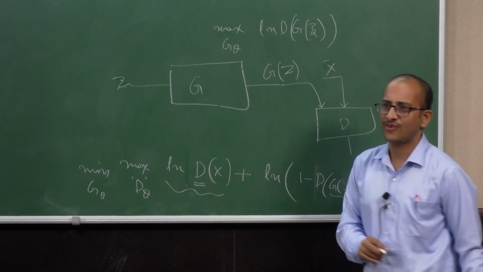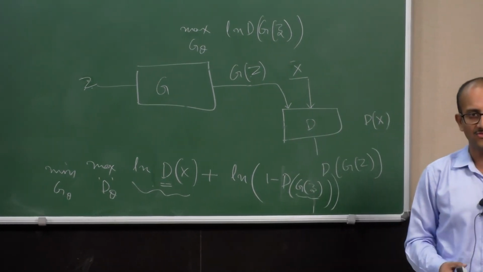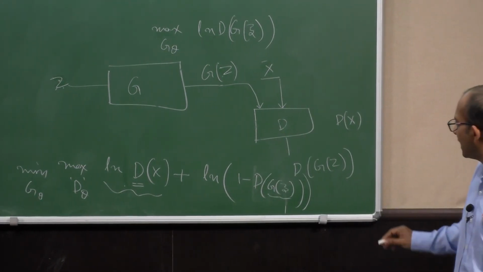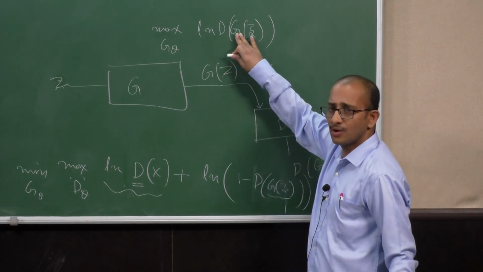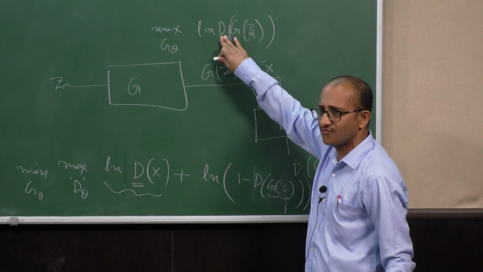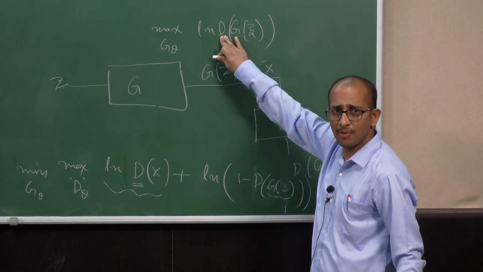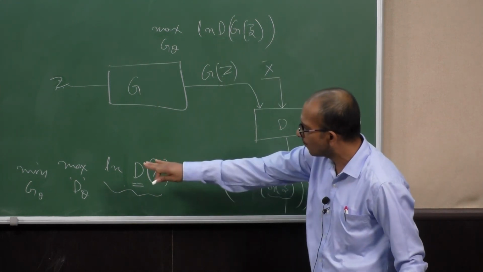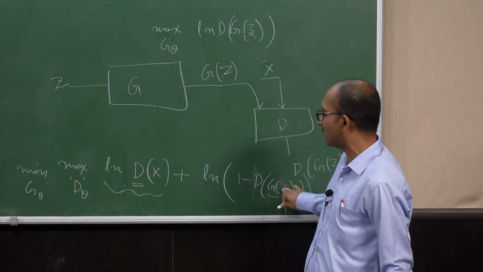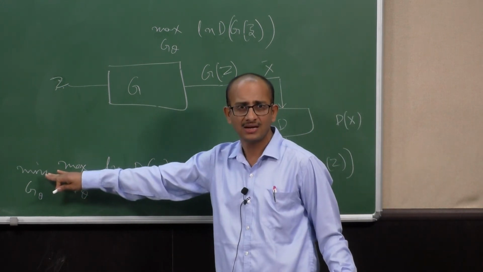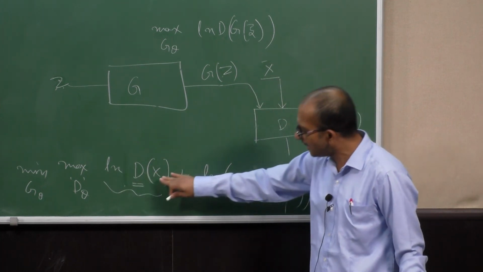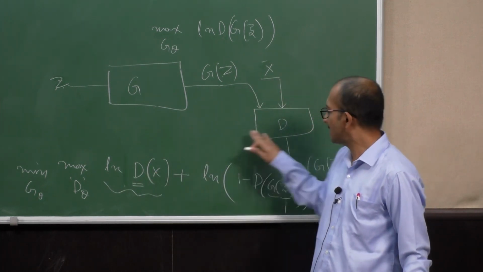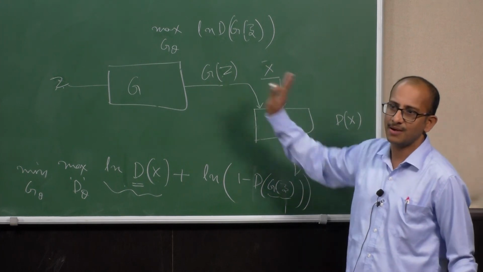This is the objective function that GANs work with. The generator's purpose is to maximize the probability of its sample passing through the discriminator, but in the framework, 1 minus D of G of Z is minimized by the generator, whereas the discriminator tries to maximize the real sample probability while minimizing the probability of the sample obtained by the generator.